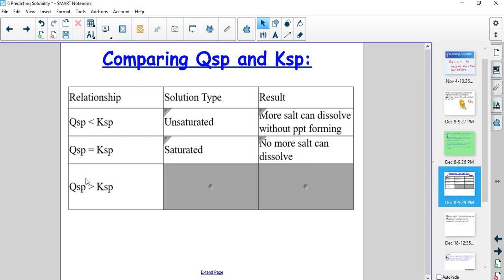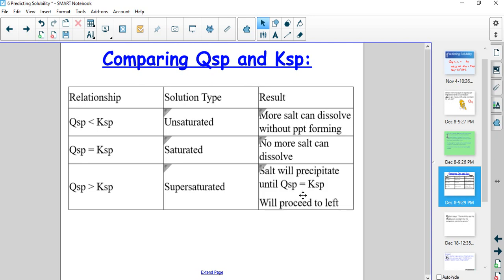Now, if QSP is greater than KSP, then those concentrations of your products are more than they should be. That means that you have a supersaturated solution, and according to Le Chatelier, you're going to move to the left to compensate for that, and you'll get a precipitate forming at the bottom or wherever, depending on the density, until QSP equals KSP.